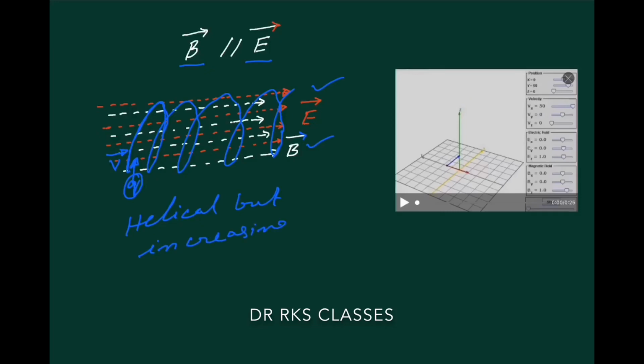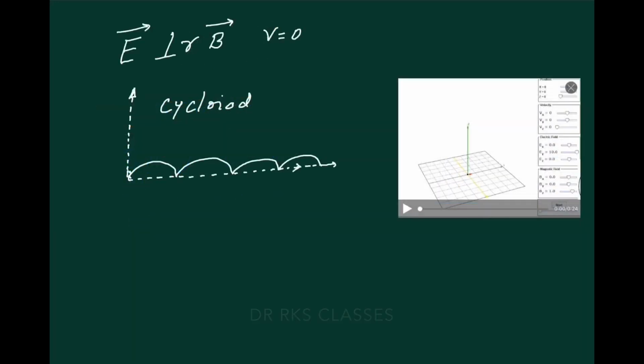It follows a helical path with increasing pitch. You can see this in this small video. When electric and magnetic fields are parallel, the electric field accelerates the charged particle.